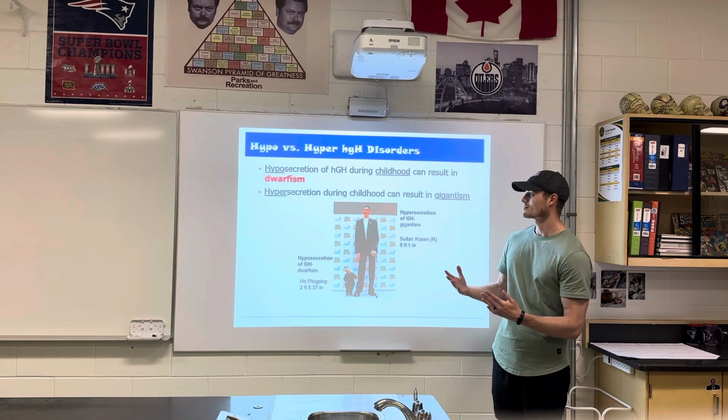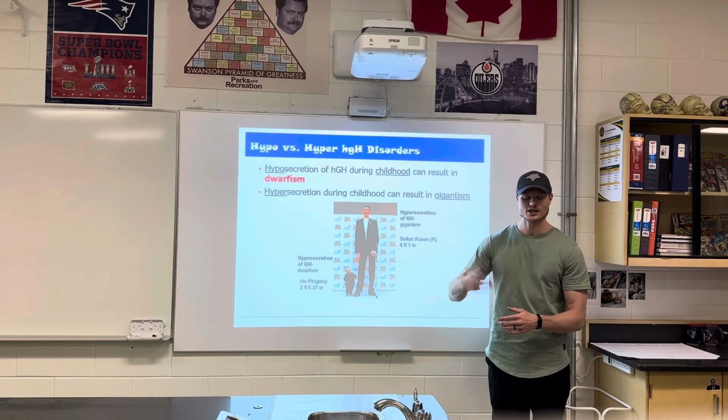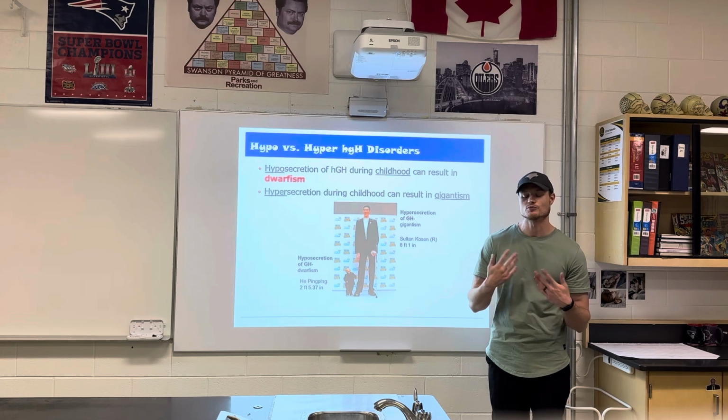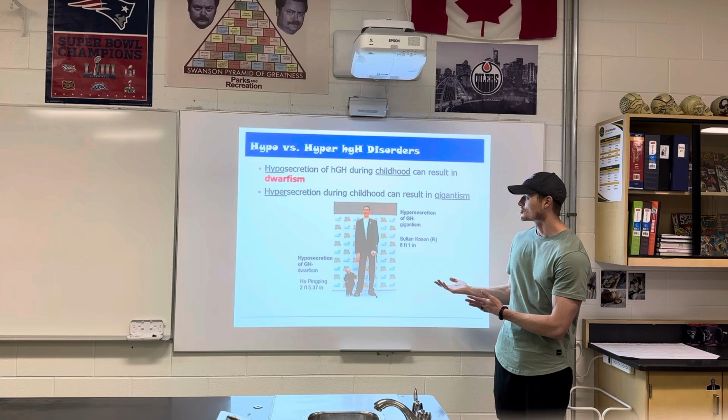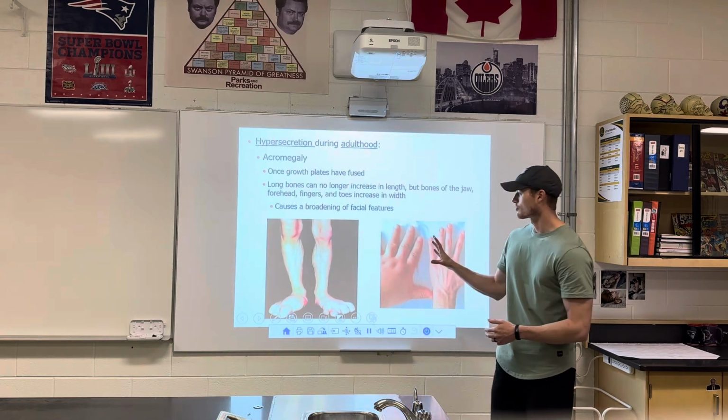So gigantism is basically your pituitary is not shutting off and you just keep producing HGH more and more. Dwarfism on the opposite side would be you lack HGH, so you produce an insufficient amount of HGH. And there is actually one more disorder. So I mentioned growth plates, right?